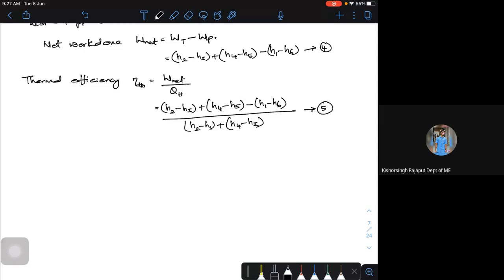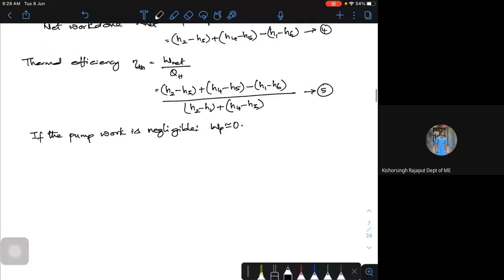But there are cases where the pump work is negligible. If the pump work is negligible, it is almost 0. In that case, H1 minus H6 is absent.